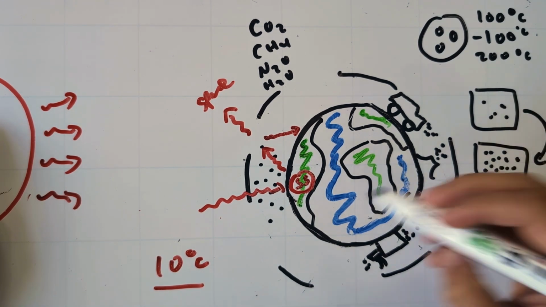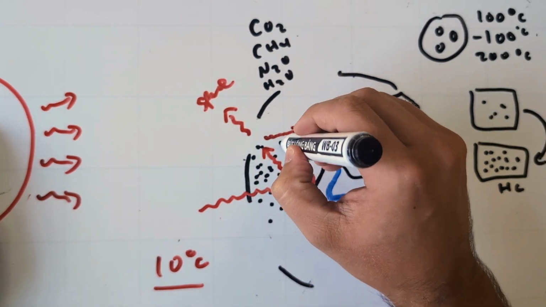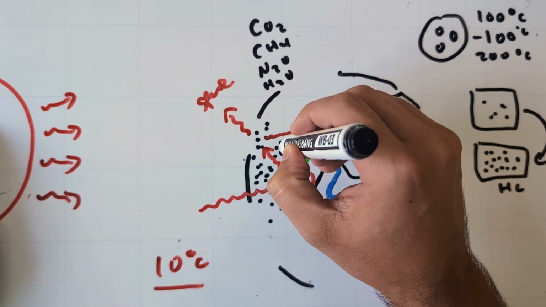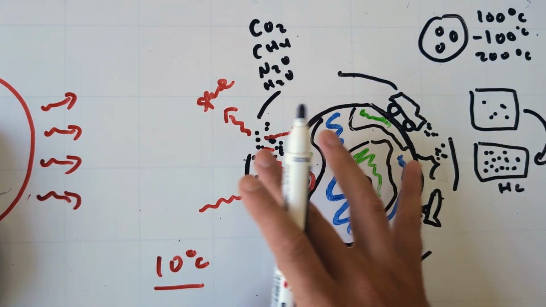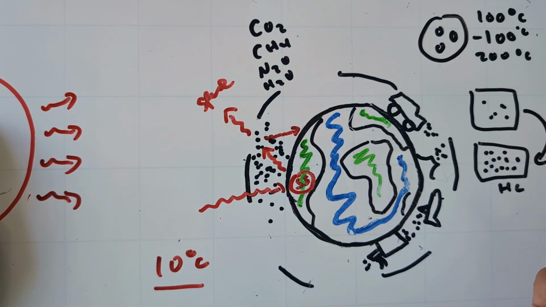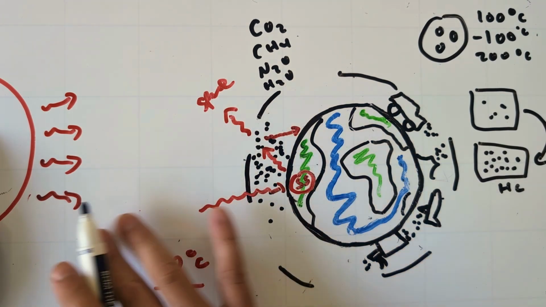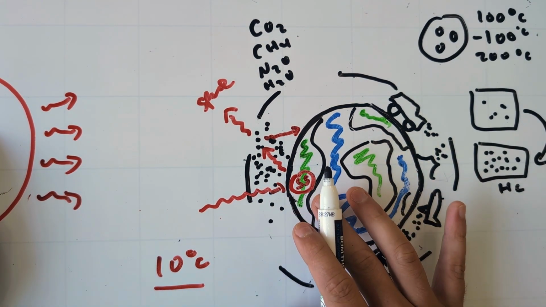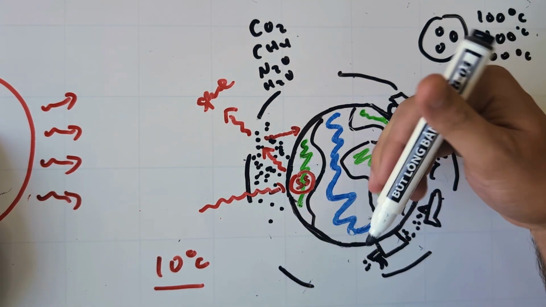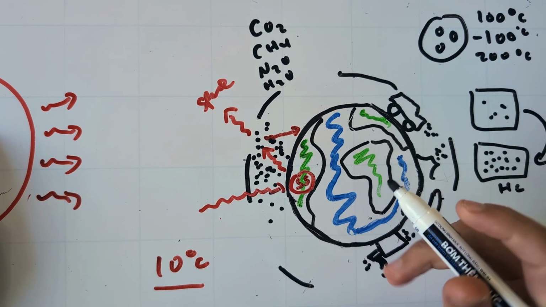Okay, so what? We're increasing the concentration, but what is the effect of that? Okay, well, you kind of should roughly be able to tell and work it out, right? Same process happens. Sun emits solar radiation, it passes through our atmosphere, it's absorbed by Earth, it is then re-radiated back into our atmosphere.